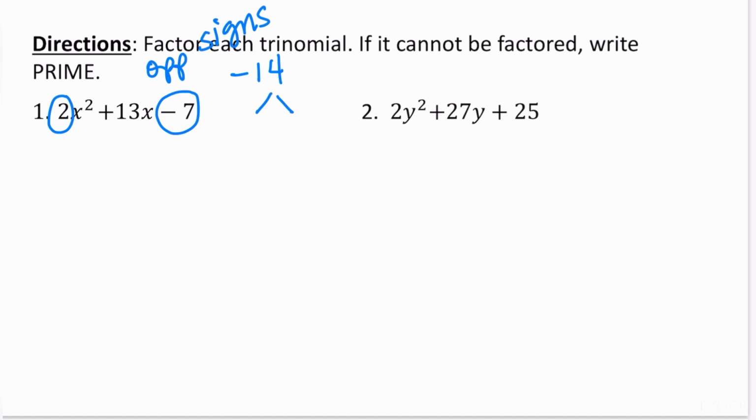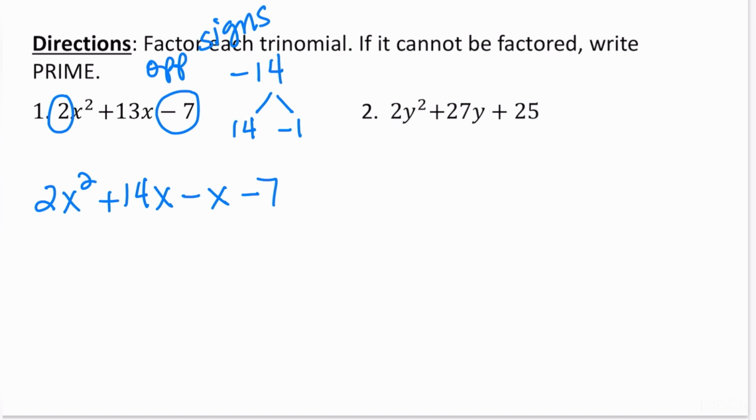So in this case, positive 14 times negative 1 is going to multiply to give me negative 14, and it's going to add to give me positive 13. So once I found what works, I'm going to rewrite the problem. 2x squared plus 14x minus 1x minus 7.